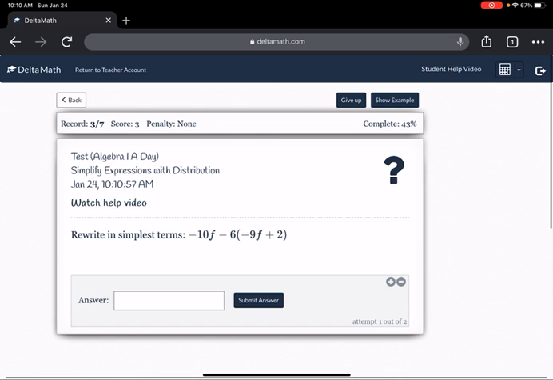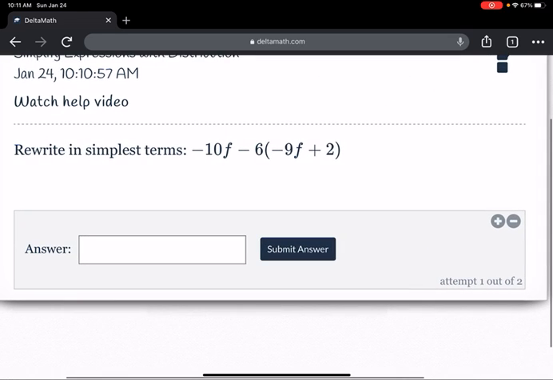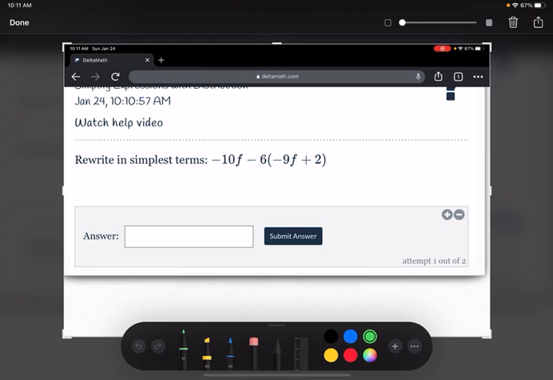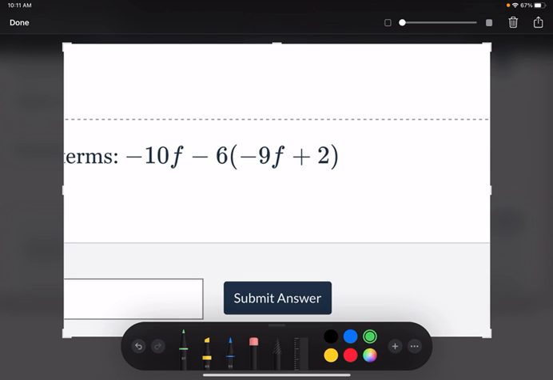Let's do one more example together. We're going to rewrite this expression in its simplest terms. The first thing is to identify where can I distribute using the distributive property. Here we go. So I'm going to rewrite this entire expression, 10f.